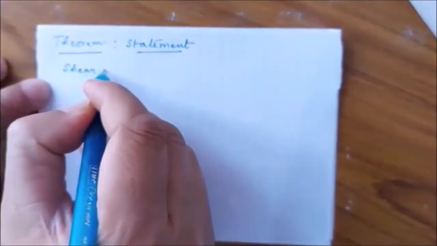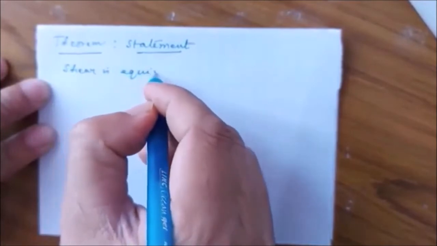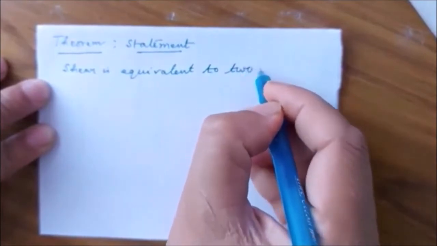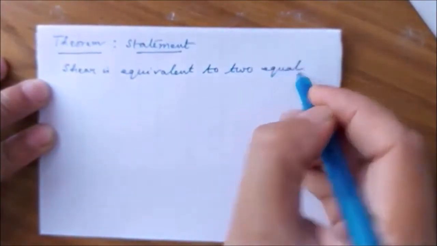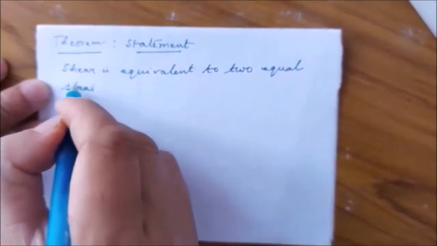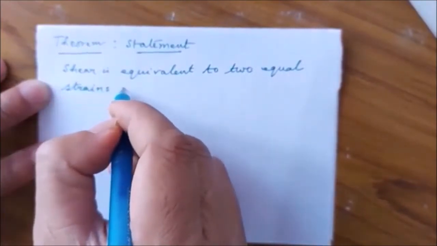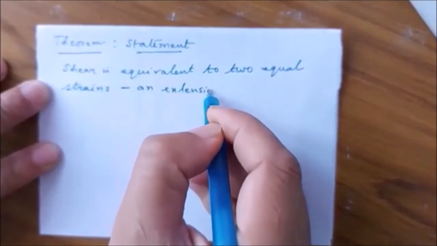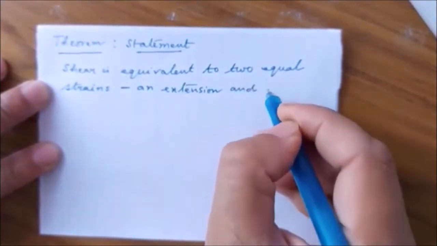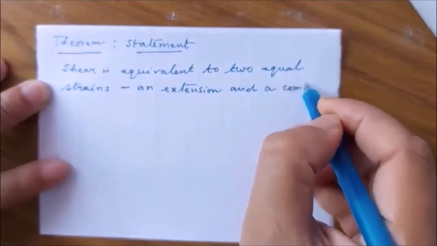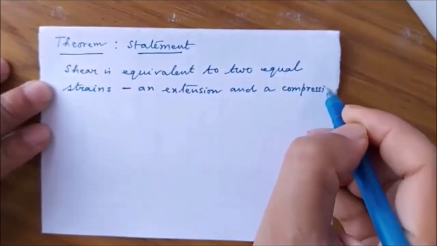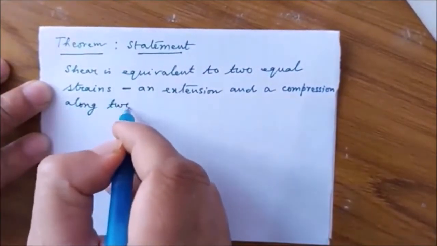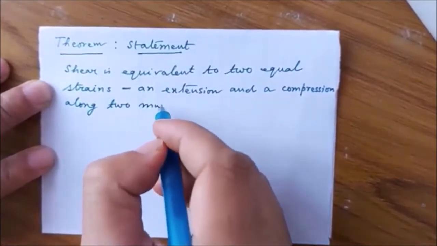Shear is equivalent to two equal strains, an extension and a compression, along two mutually perpendicular directions.